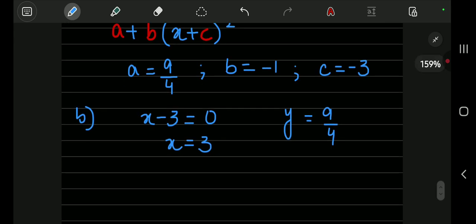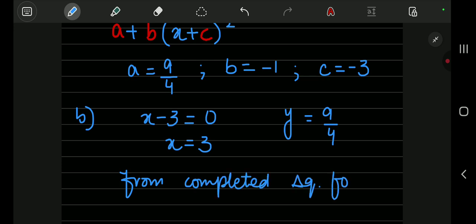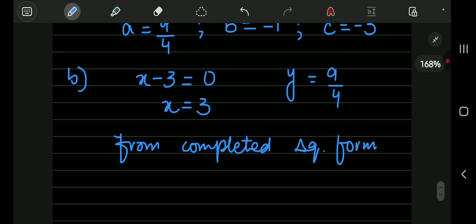This is your y coordinate. So from completed square form, the coordinates of point P are 3, 9/4. Okay, this is your part B.